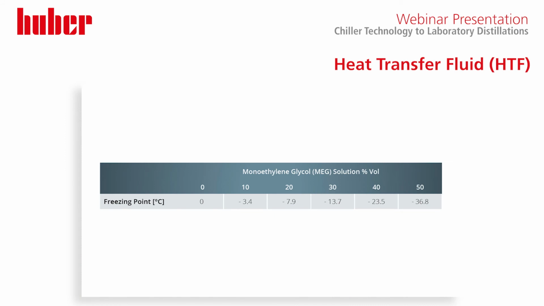So quite a common one we tell people to run is either a 40-60 mix or a 50-50 mix of glycol water, which will cover your mini chiller 280 all the way down to your uni chillers that operate at -20. Another option people use is ethanol water mixes or IPA water mixtures, but this is often site specific.